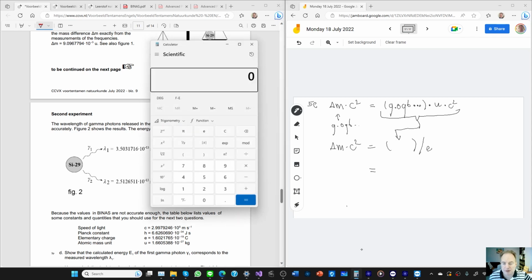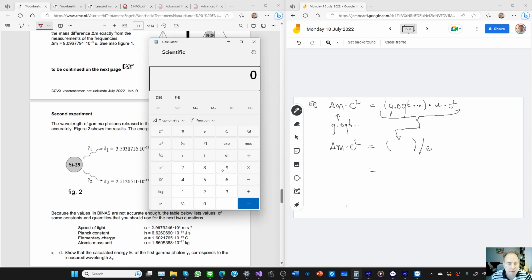Okay, we put it in our calculator. 9.0967794. That's the mass in terms of the mass constant.